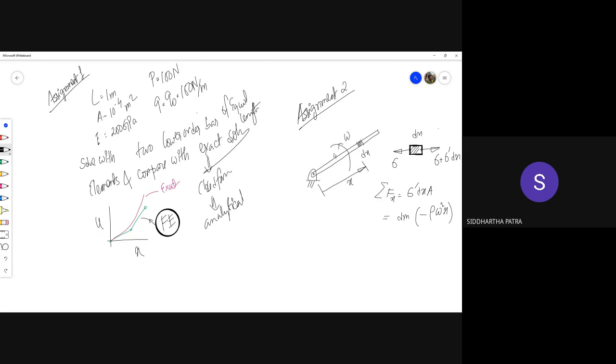Centripetal acceleration should be in the radially inward direction. Sorry, the acceleration is omega squared x. So dm is essentially rho A dx. This is differential volume, differential mass, and centripetal acceleration. So then A will cancel out from either side. Is it so?